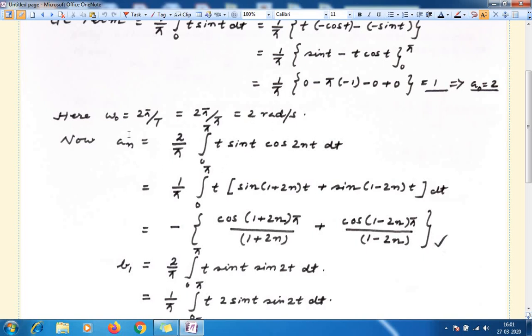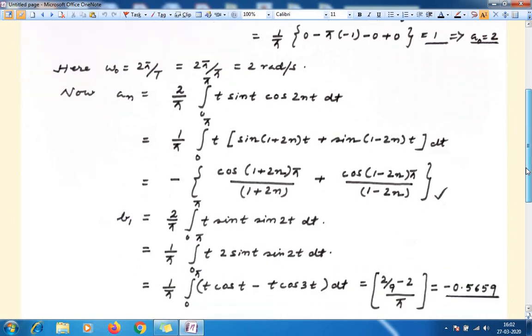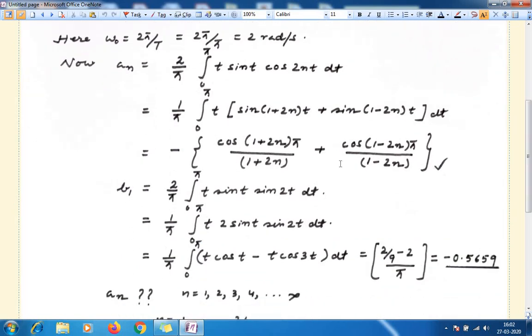So to calculate the cosine term coefficients, the format shall be 2 by T, where T is again pi, integrating from 0 to T, the whole period, and omega naught is 2. Once you integrate it, you get this expression. Fine.